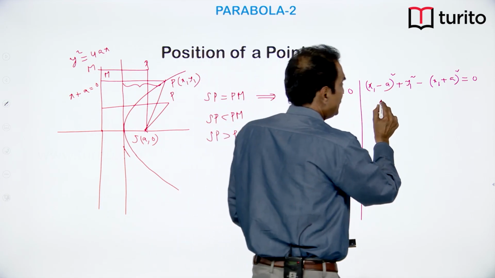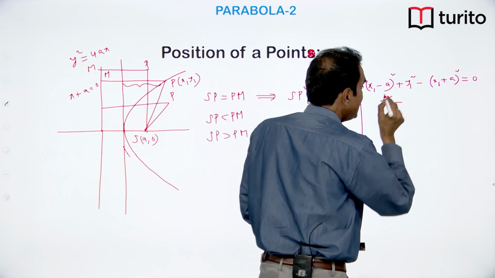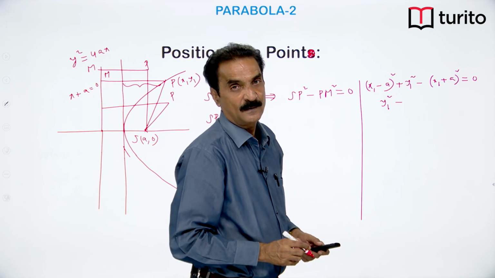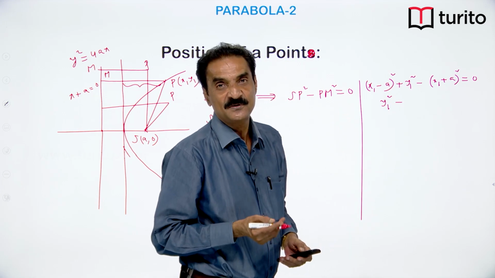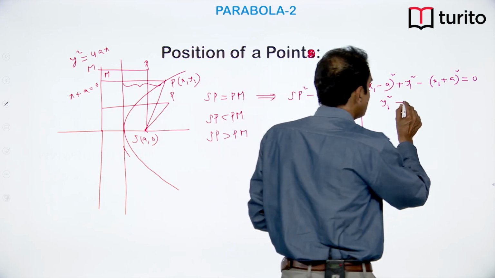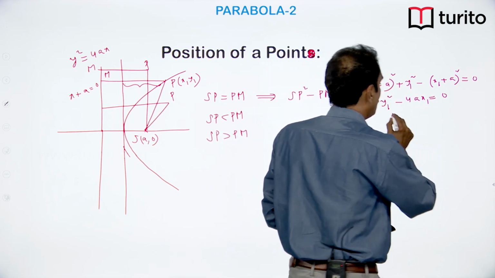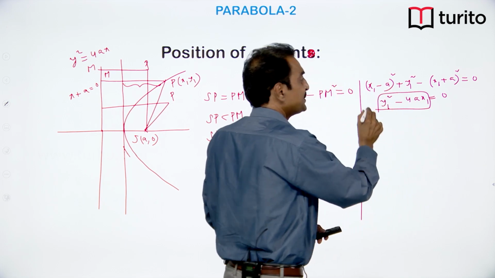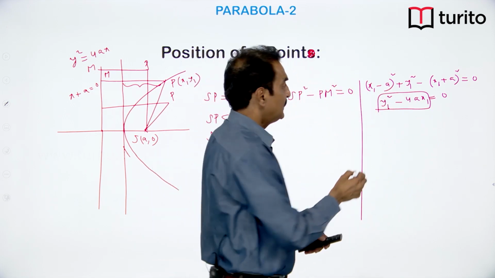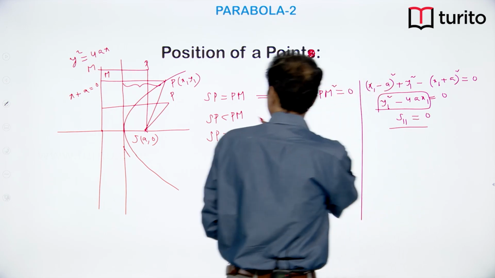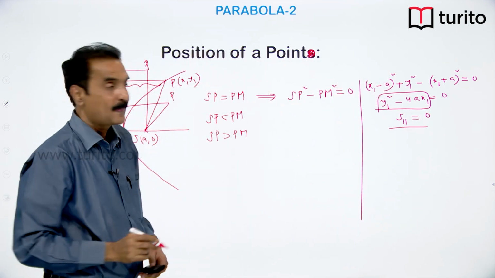What is this? It is y1 square minus this plus this is 4ax1. (a plus b) whole square minus (a minus b) whole square is 4ab. So, it is y1 square minus 4ax1 is equal to 0. According to our standard notation, this is S11. So, S11 is equal to 0 for points on the parabola.